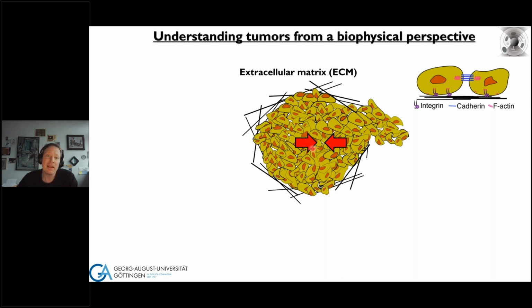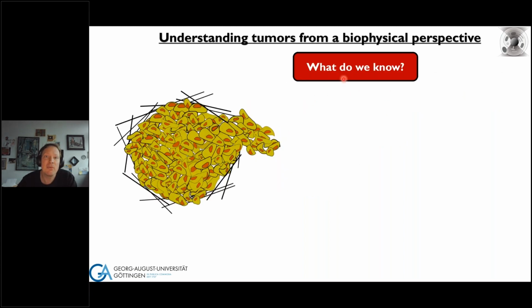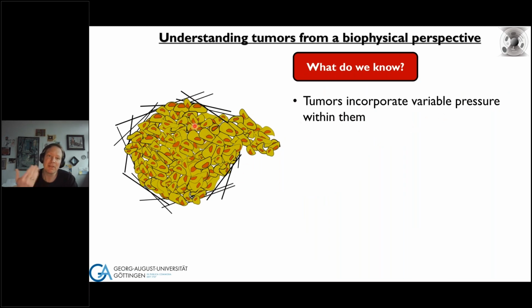We know that at the inside of such a tumor there is some pressure and there are forces pointing inwards, but we also have forces acting with the environment. We know that we have quite variable pressures inside, but the question of how pressures are related to driving the tissue is not very well studied.